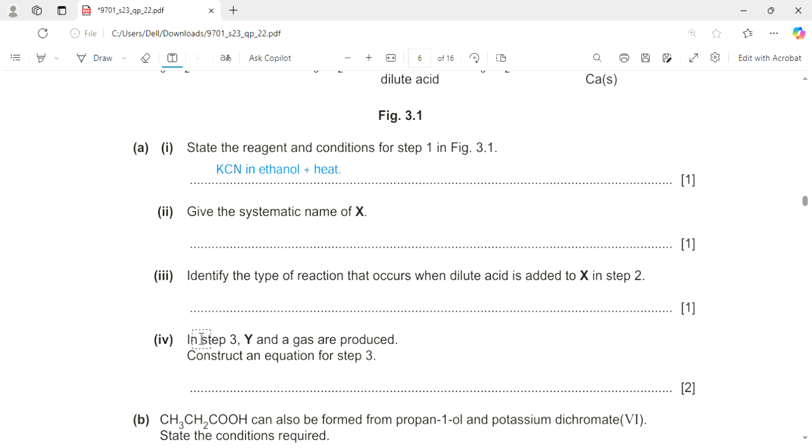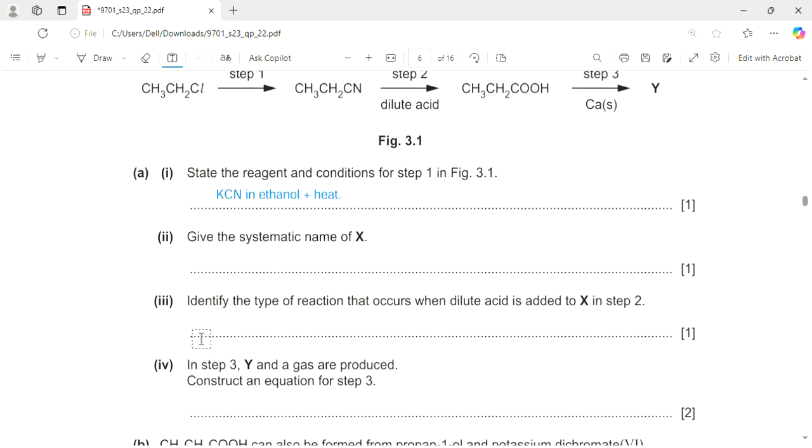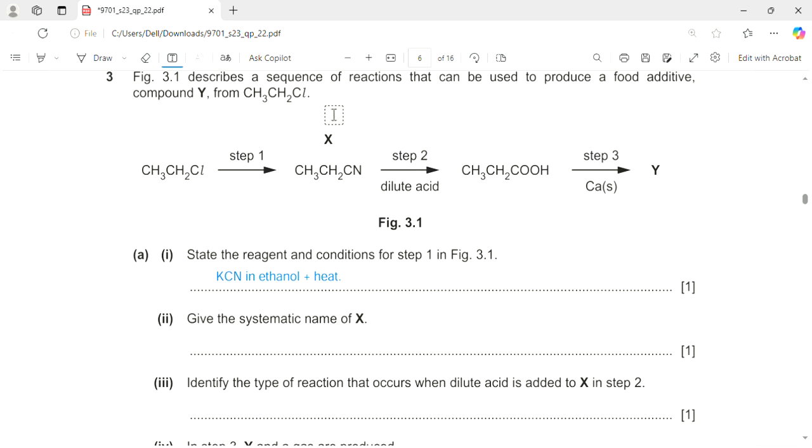Now move to the next part. Part 2: give the systematic name of X. Here is X, CH3CH2CN.